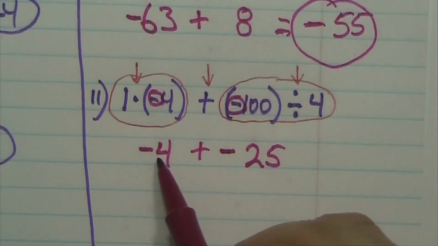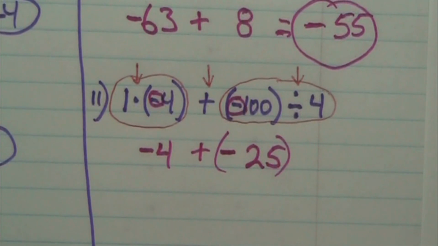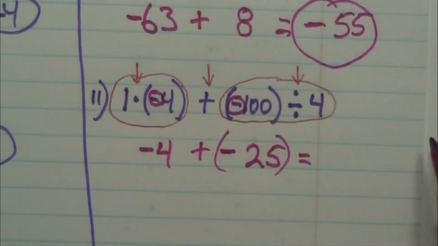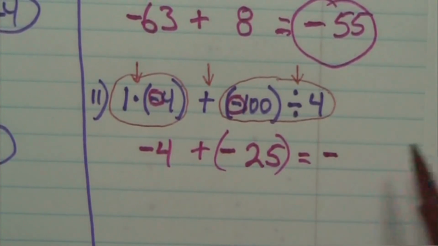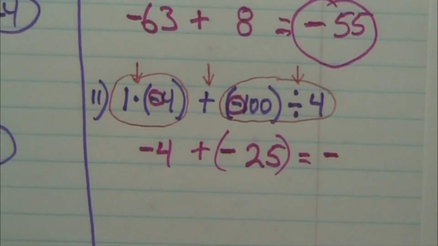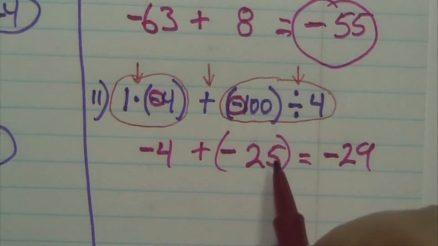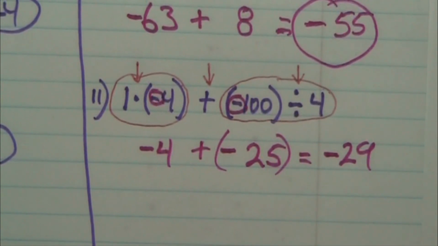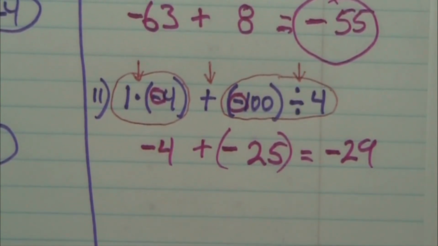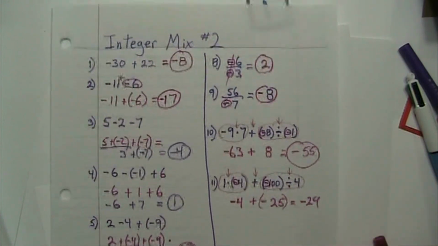So you have 4 negatives and 25 negatives. So you clearly have a lot of negatives. How many negatives do you have? 29. Yeah, there's no 0 pairs. It's just negative 4 and negative 25. So hopefully it's becoming easier as we do these problems.